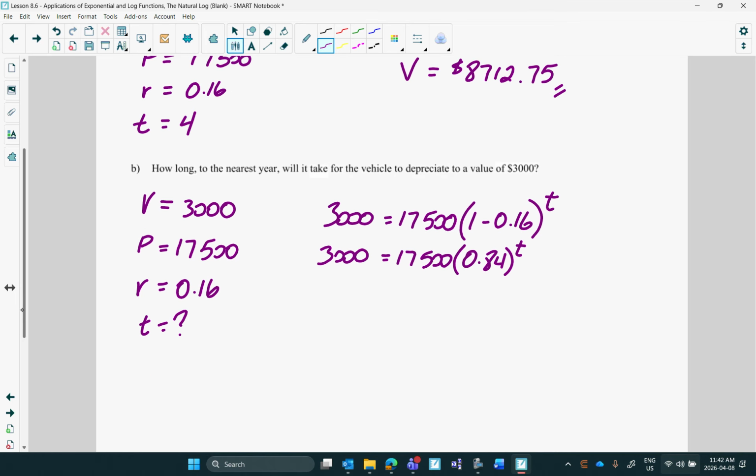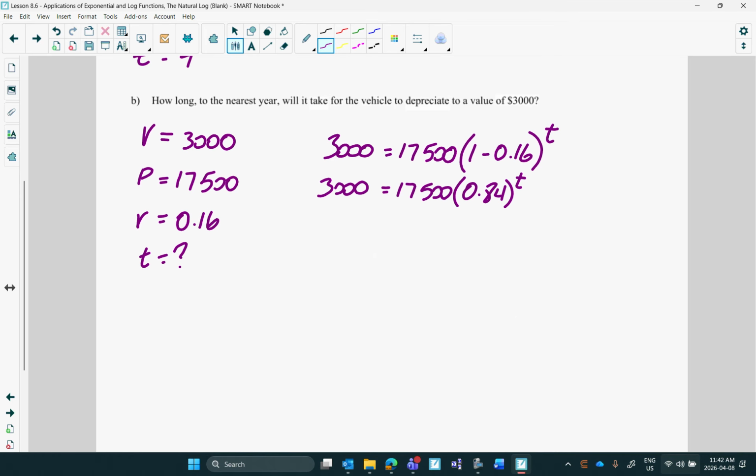Divide by 17.5 to isolate the power. 3,000 divided by 17.5 gives us a pretty long number. Let's go 3 decimal places, which is what we should usually be doing. That equals 0.84 to the T.